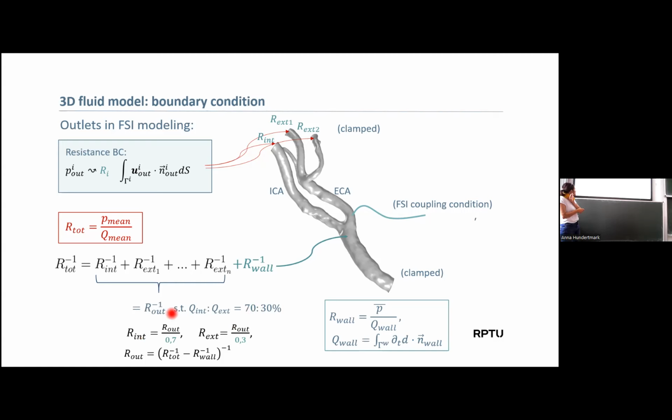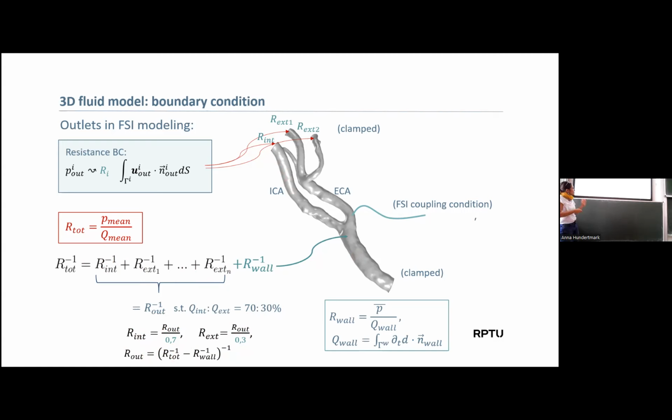It means that for the internal, we have some resistance, which is this outlet resistance, which is the sum of all of them, 0.7, and here 0.3. Okay, the only difference now is that here is not the total resistance, but only the outflow resistance. So you put some new term, but this term is not included in this computation.